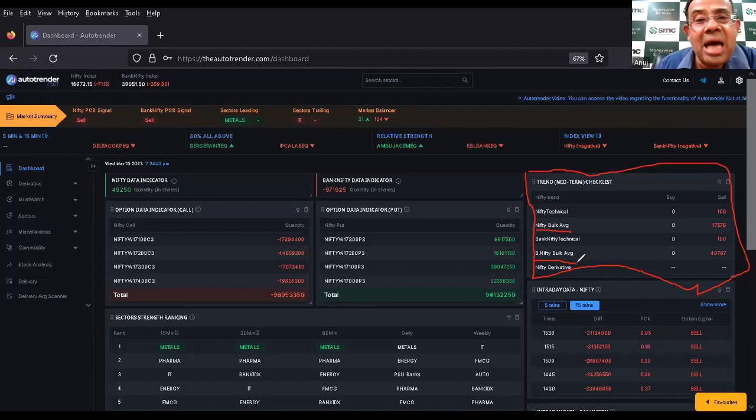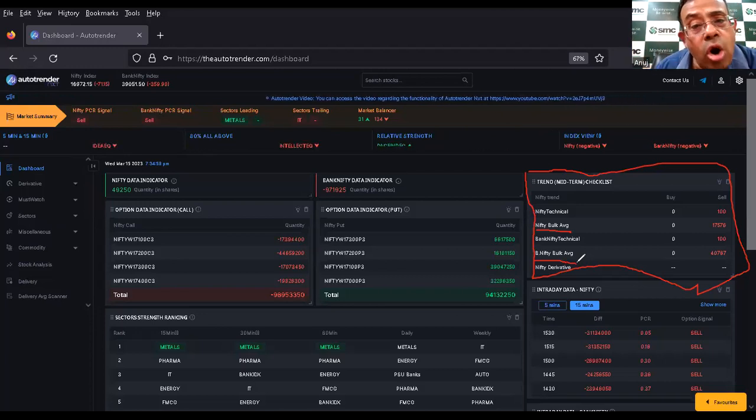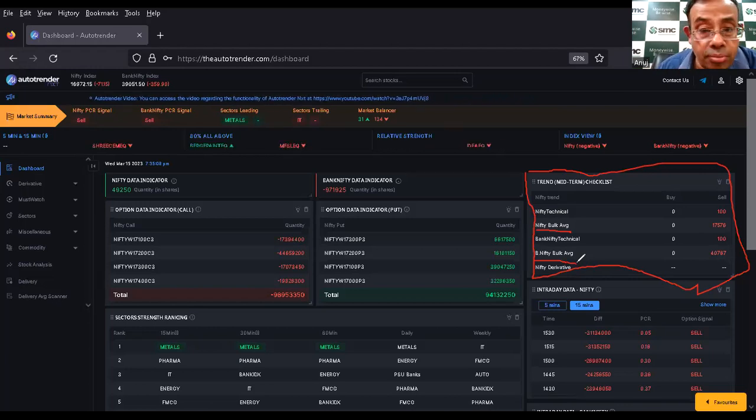The third thing is what we have seen today: the market gapped up because of the global factors, because of the Asian markets and some bounce in the Dow Jones, but it did not sustain and continuously kept going down, eventually ending up below 17,000.